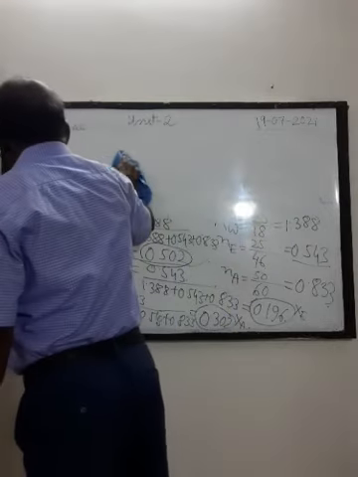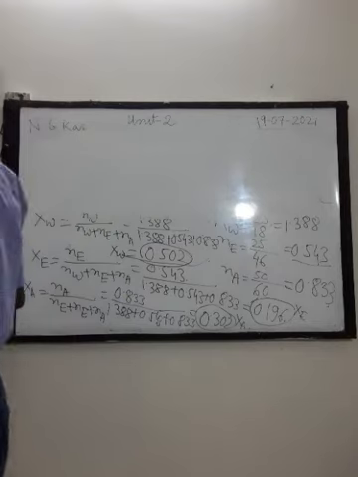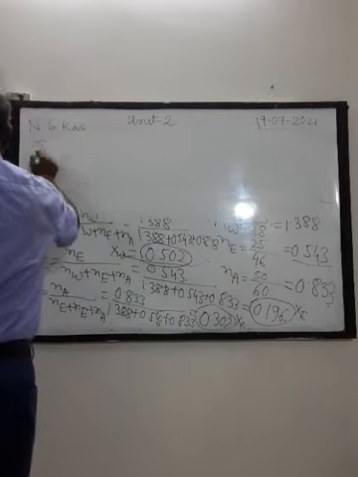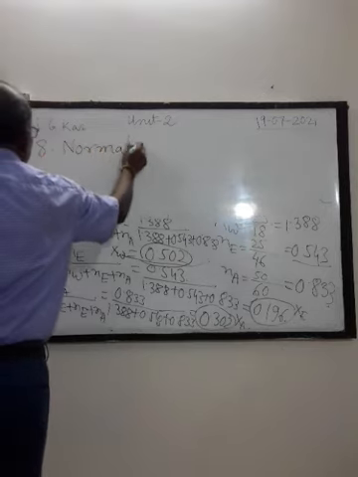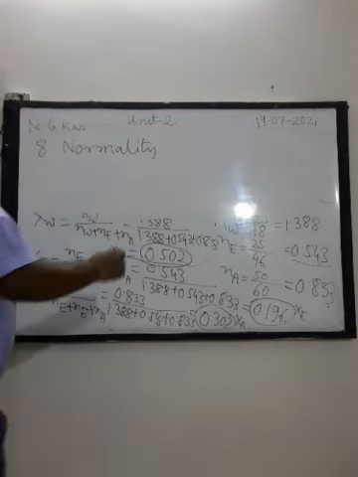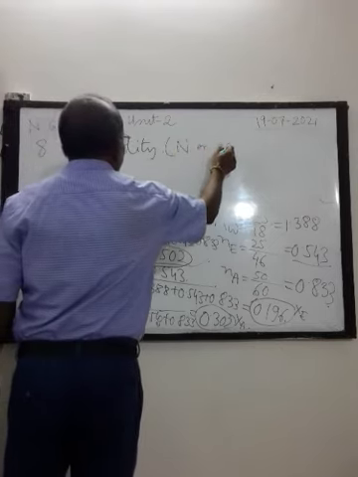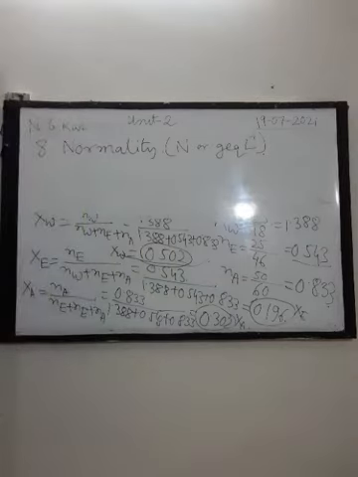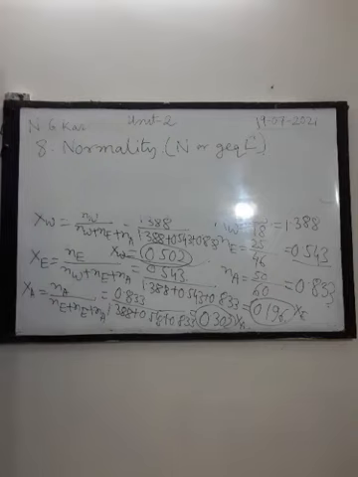So next we consider our last unit, which is normality. Normality is generally denoted by capital N or gram equivalent per liter.